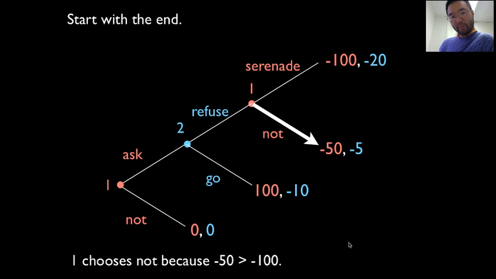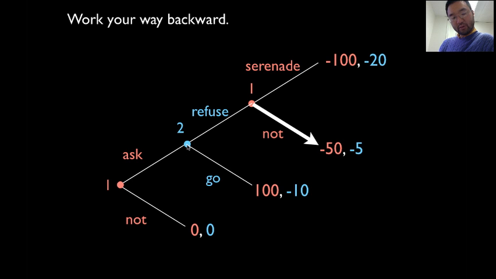Now we work our way backwards. We have established that one doesn't serenade, right? So now we look at person 2's decision here. 2 can either refuse or go. If 2 goes, 2 gets minus 10. If 2 refuses, 1 will then not serenade. That's what we just figured out. If 2 refuses, 2 will eventually get minus 5.